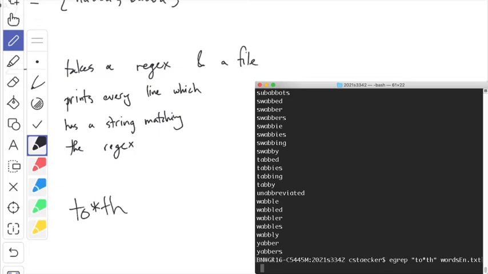I just wrote that. There it is. Can anyone guess a word that might come up from this? Tooth. Yeah, tooth should match this because that repeats the O twice. Any others? Anyone think of another? Tooth is a good one. You should also expect something like toothpaste or other things which have the word tooth in them.